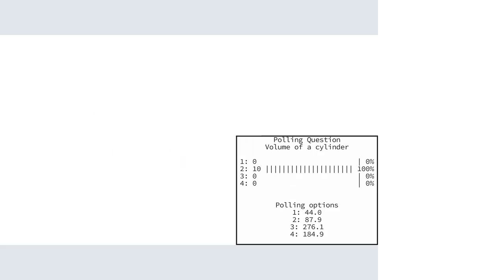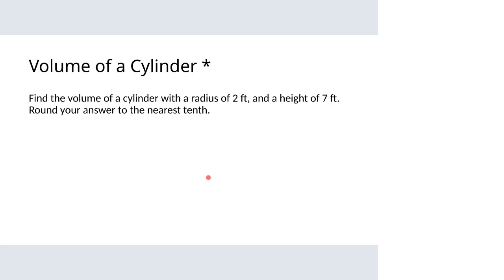All right, unanimous. Fantastic. That's really good. I expected that we would do well with this one, and we did. That's great news. All right, so the volume of a cylinder is pi r squared h.